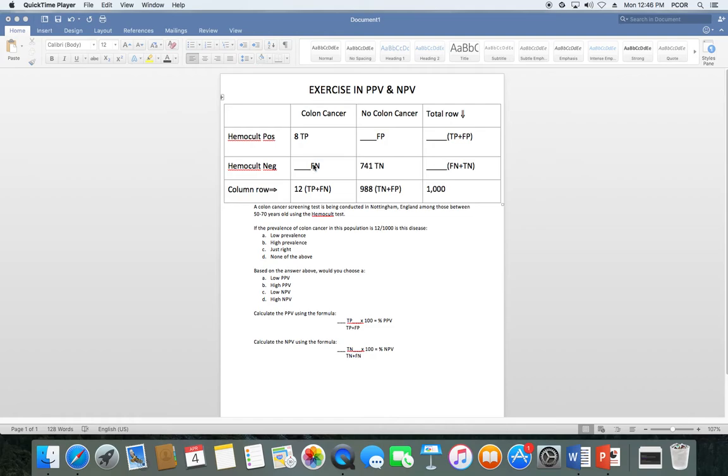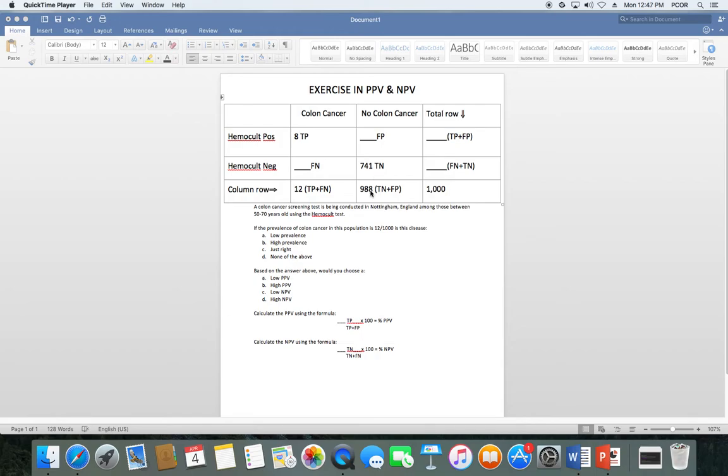To get the false negative, you just merely deduct those that are true positive from the total positive colon cancer. And the negative on the Hemoccult and the people do not have colon cancer is this figure.